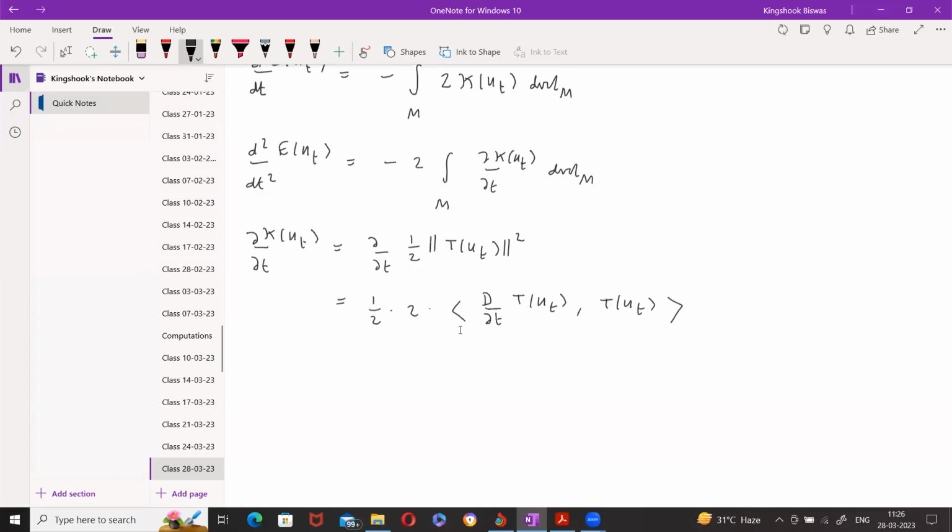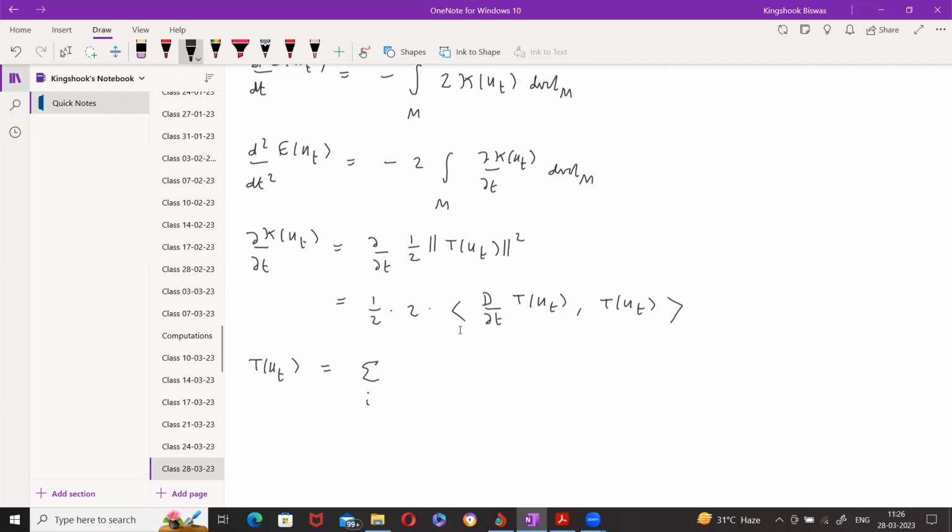So how do we compute this? So what is tau(u_t)? Tau(u_t) is the tension field. This I can write as a sum over i.